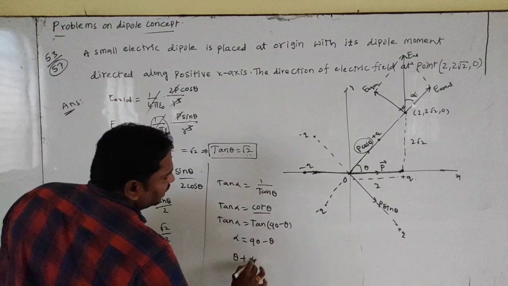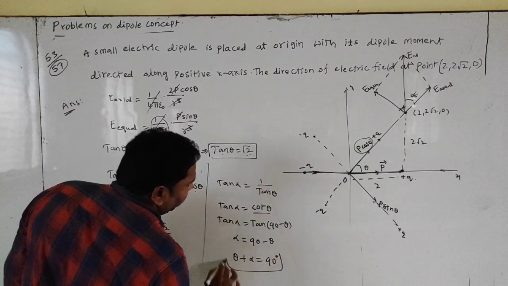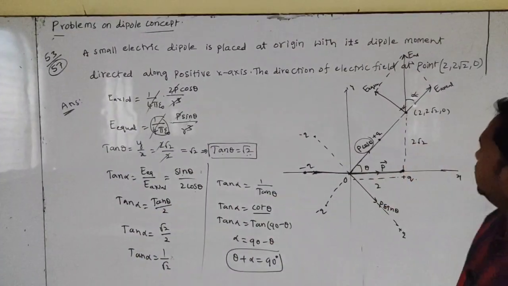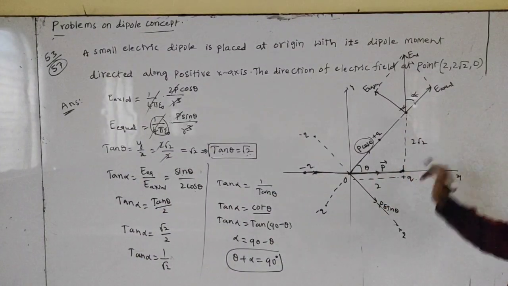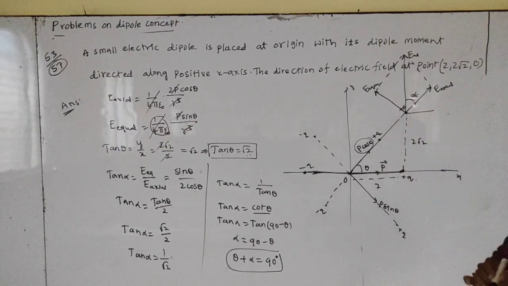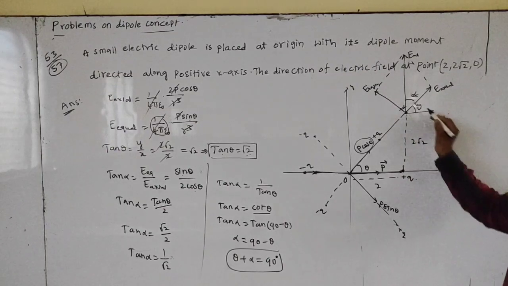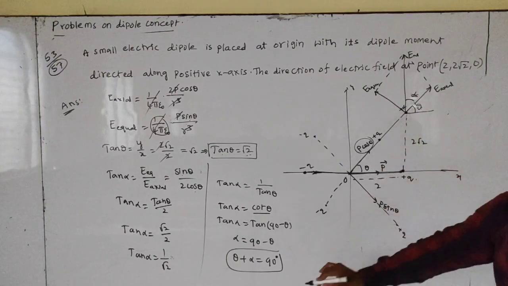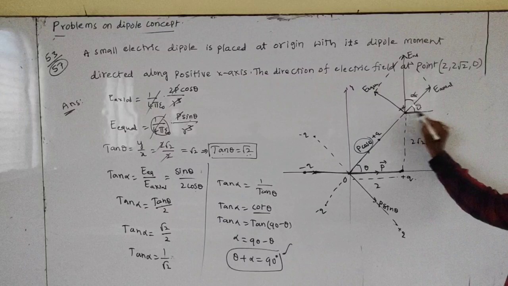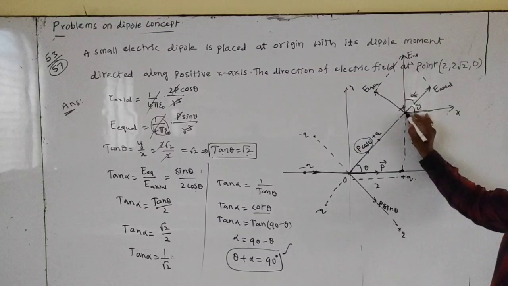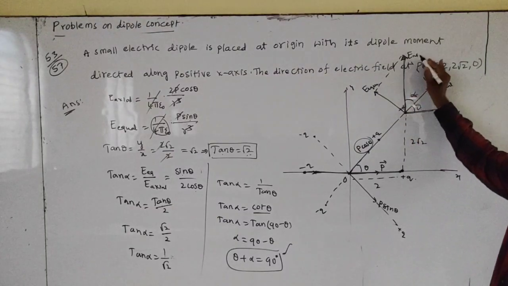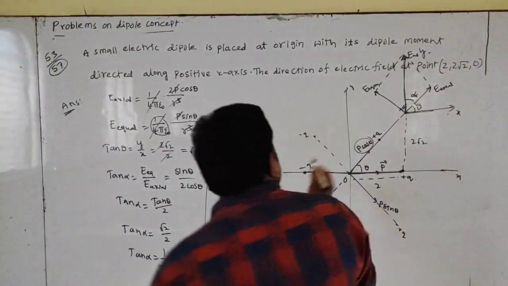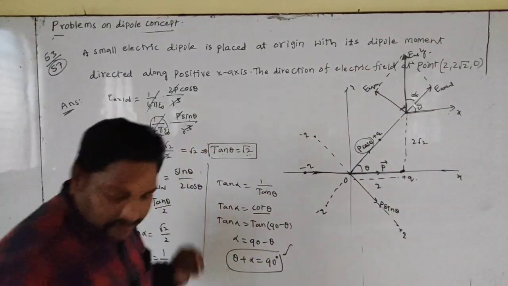Now theta plus alpha equals what angle? 90 degrees. Now we are going to discuss the net electric field. See here, theta with the x-axis, and theta plus alpha is 90 degrees. So this is the x-axis. Now what is the net electric field direction? Along the positive y-axis is the answer.